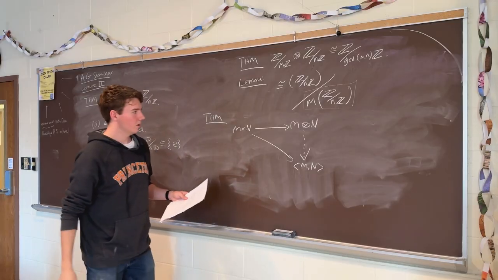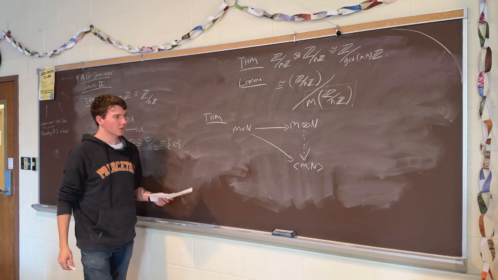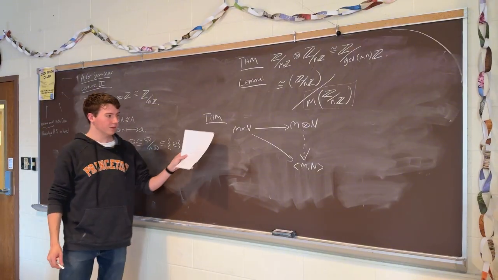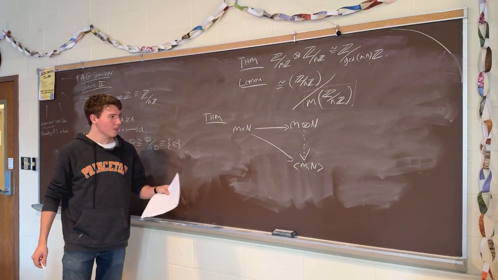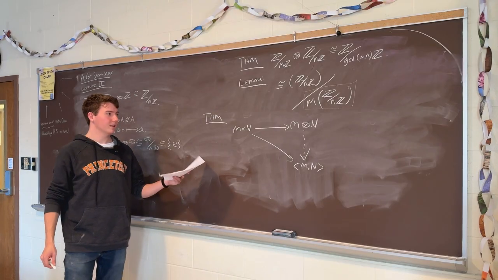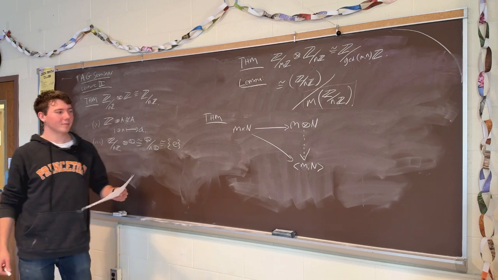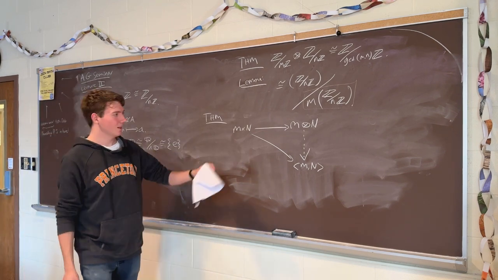Is this a capital M or a lowercase m? Capital. So if M and N are both A modules, I'm just asking because that is not a capital N? M. Oh, yeah. No, I just had bad handwriting. So this is a capital M, right?